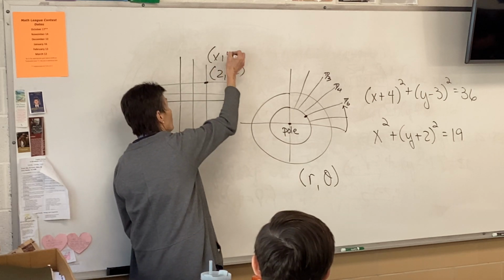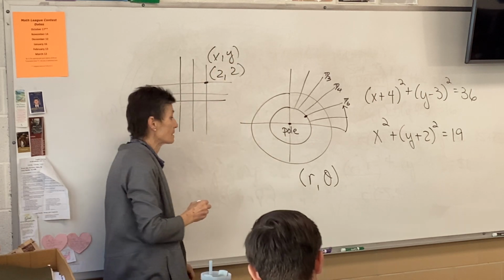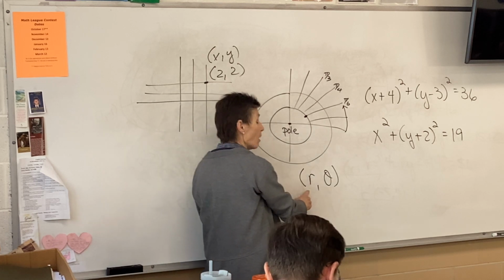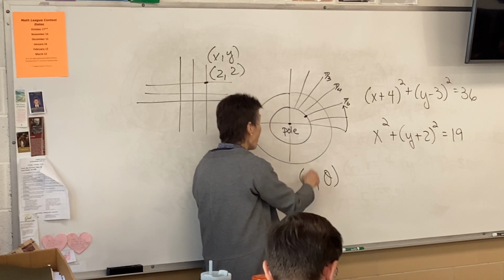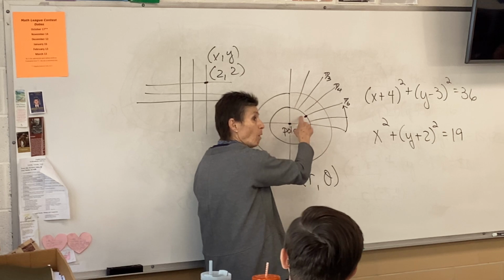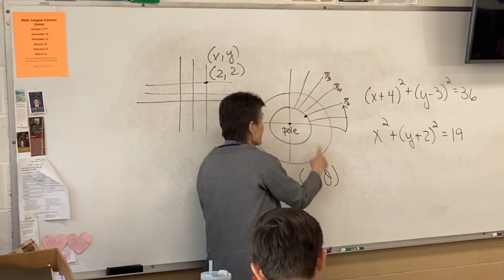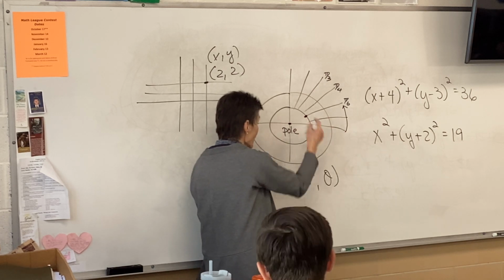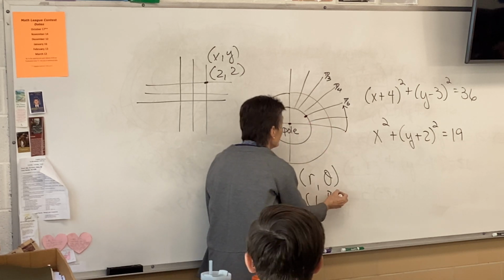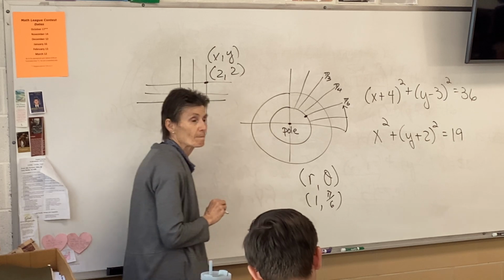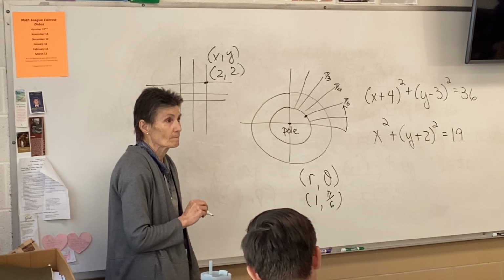These are x, comma, y, rectangular coordinates. Polar coordinates are r, comma, theta, where r is the distance from the pole. You can think of it as the radius, and theta is the angle in standard position. So that point would be 1, comma, pi over 6.